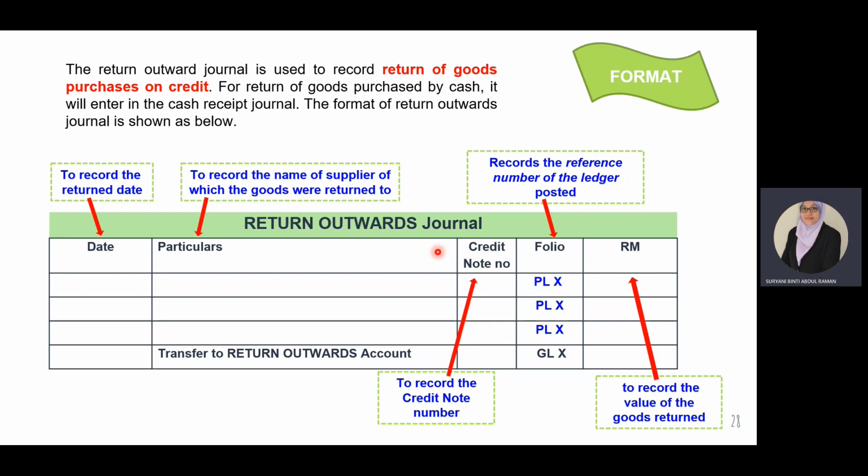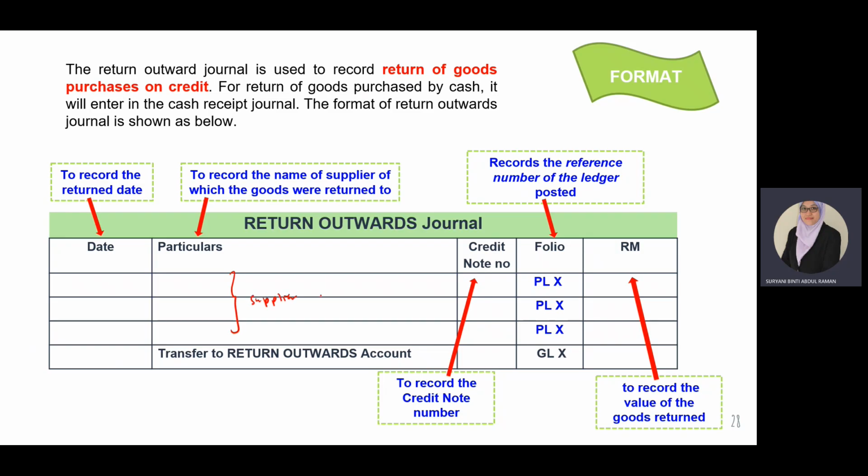Okay, the format is more or less the same as the purchase and sales journal. The only difference here is the number of the document, and instead of using the invoice number, we use the credit note number. As for the folio, since we are returning to the supplier, the particulars here will be the name of our supplier.